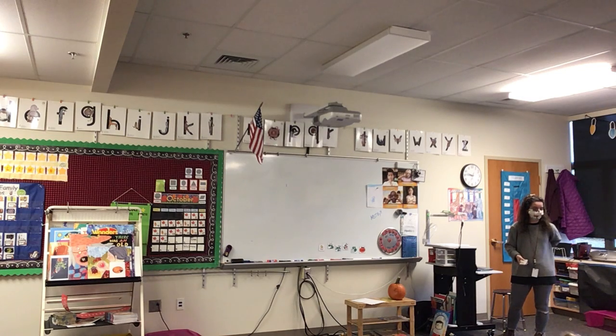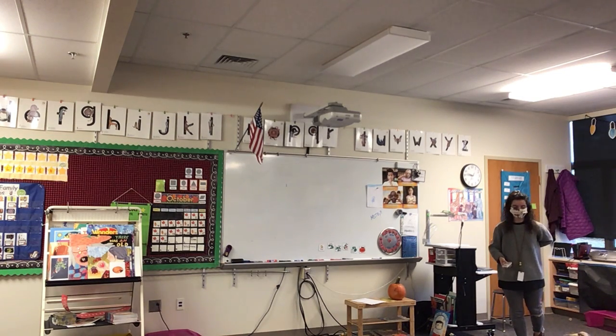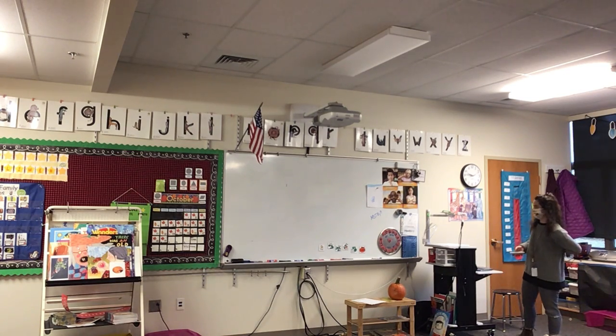First thing you should do at the very top of your paper, what should you write at the very top of your paper? Write your name at the very top of the paper.